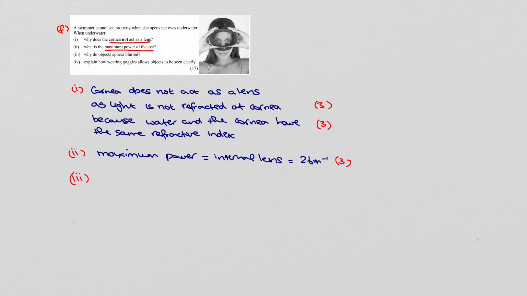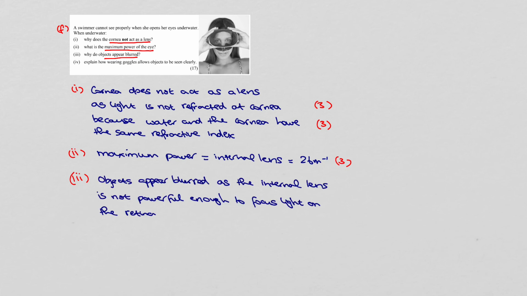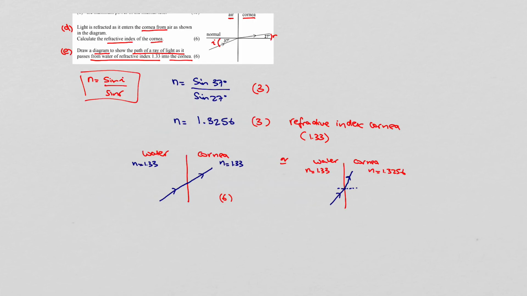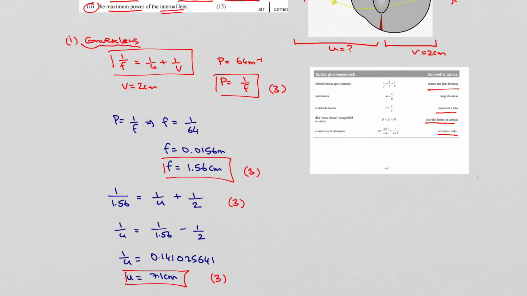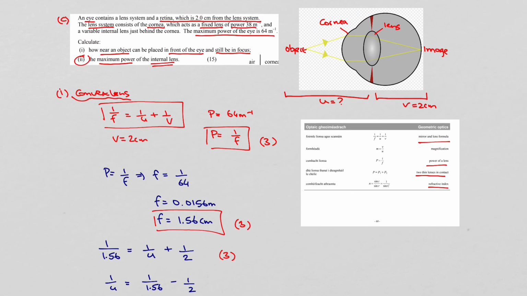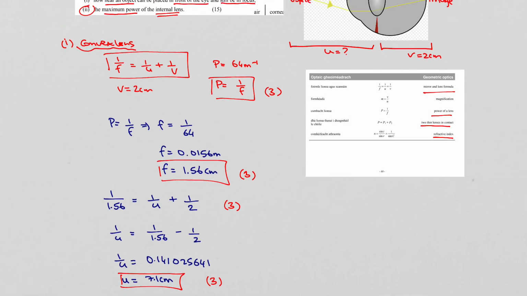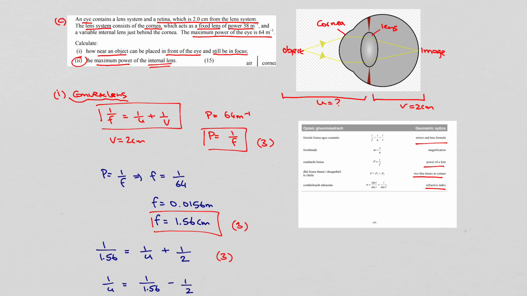So then it says, why do objects now appear blurred when we are underwater? Well, if we go back to our diagram of the eye with the cornea and the lens, the closest we could get to our object distance was, I think, 7.1 centimetres. And that allows the cornea and the lens to bring the light into focus on the back of the retina.